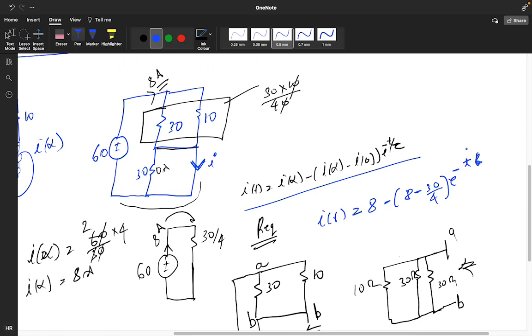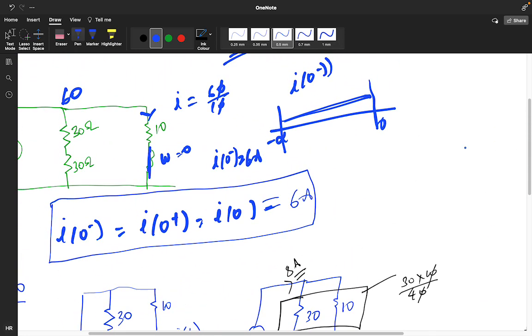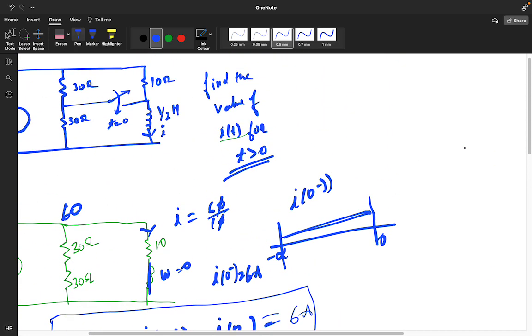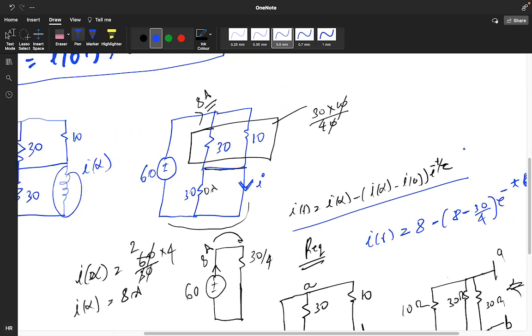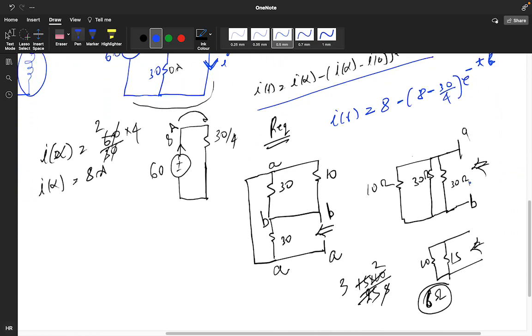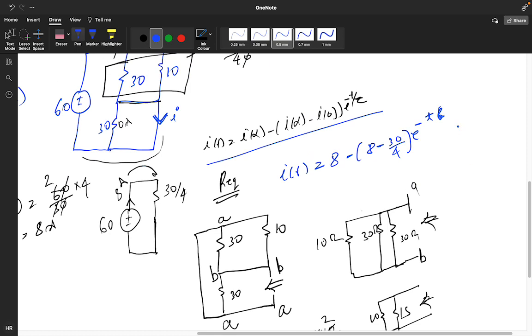So e power minus R t by L. R equivalent, how much did you get? 6, and L is given, the value of L is 1 by 2. So 2 will go upside.